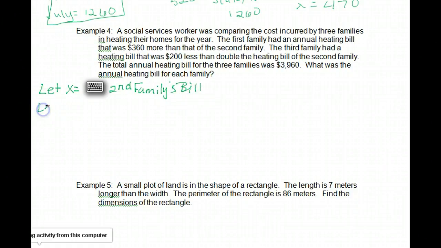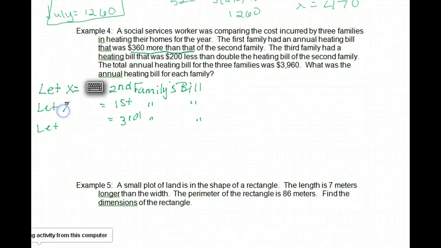And then from there, we can write let statements for the first and third family's bill. So the first family had an annual heating bill that was $360 more than the second family.